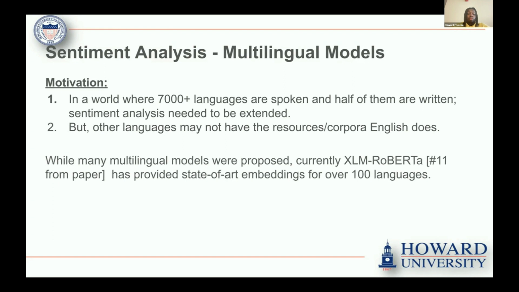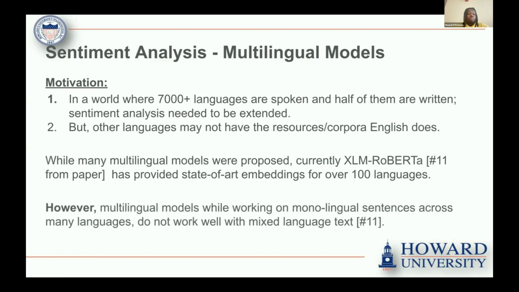While many multilingual models were proposed, currently XLM-RoBERTa has provided state-of-the-art embeddings for over 100 languages. However, multilingual models, while working on monolingual sentences across many languages, do not work well with mixed language texts.